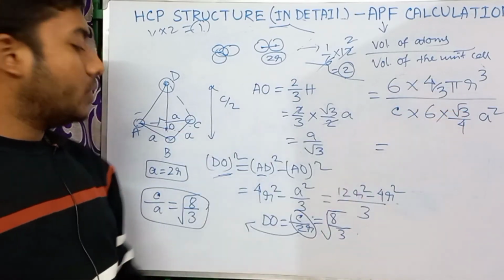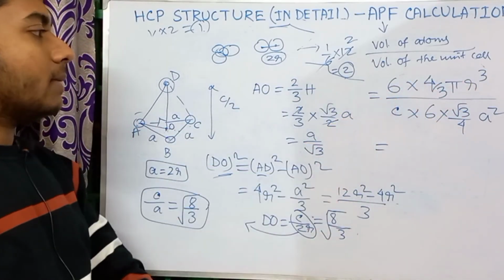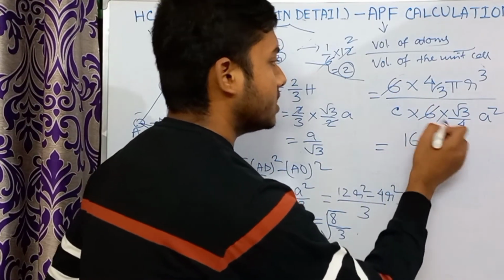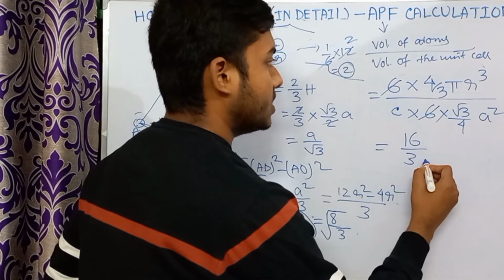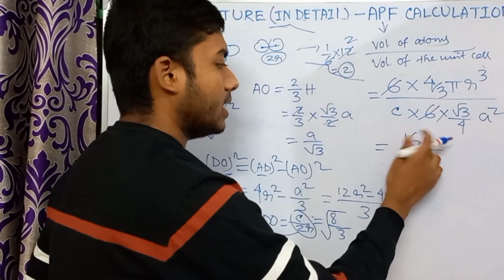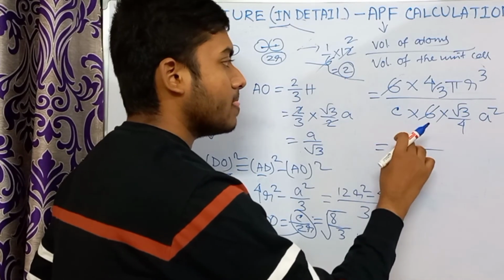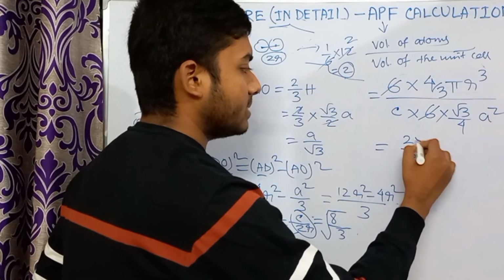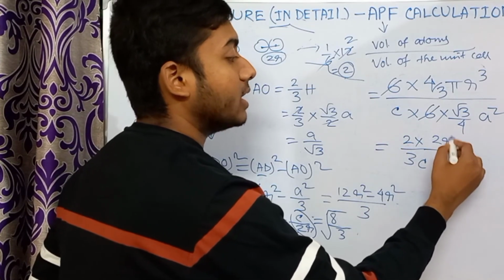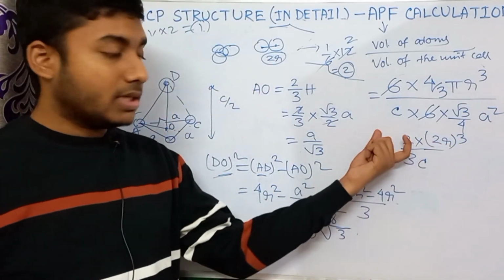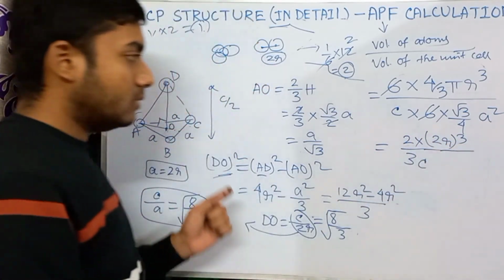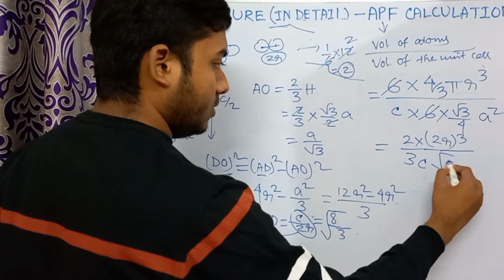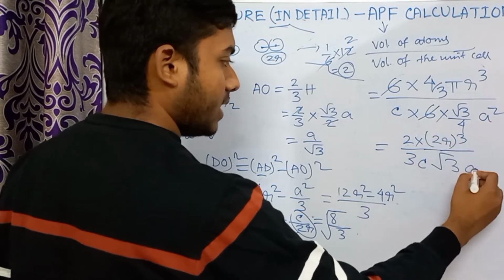Now if we put in r, calculating this, I will get 16 divided by 3 into c into pi r square, and I can write 16 as 2 into 8, that means 2r cube. Now there is root 3 a square.